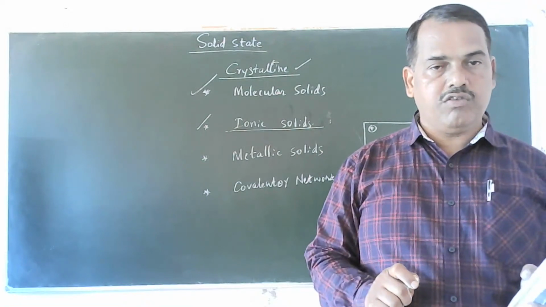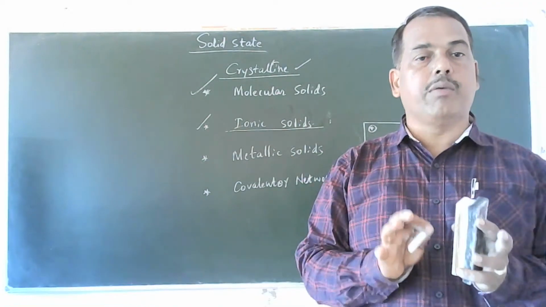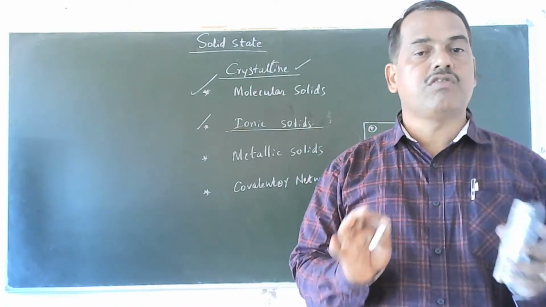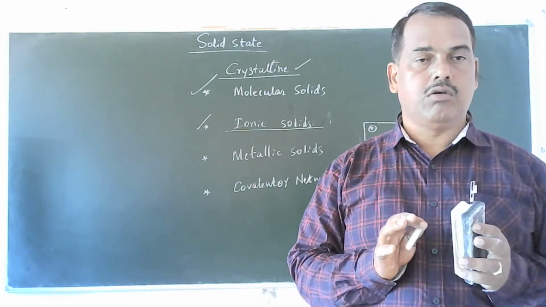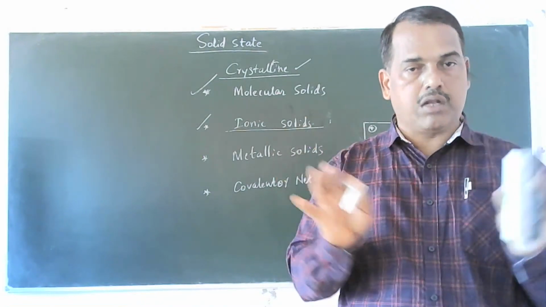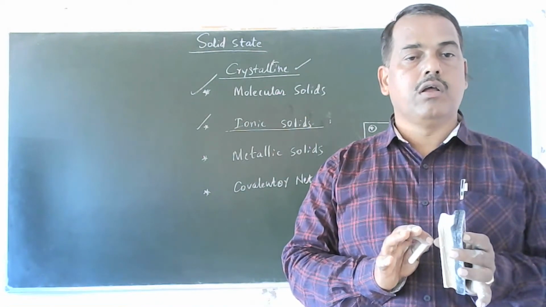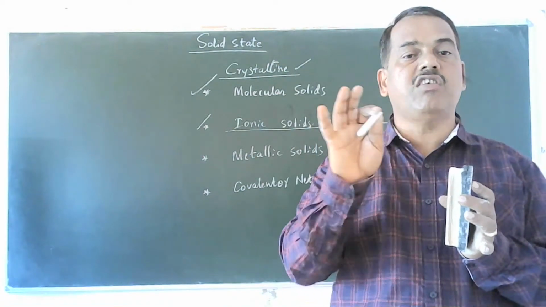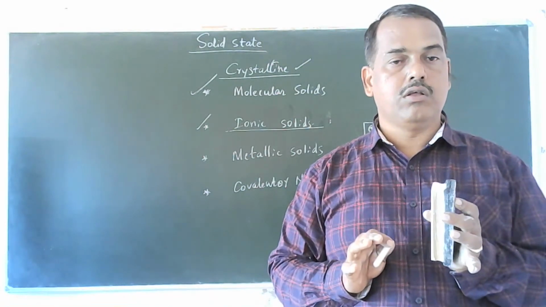The positive ions are delocalized by a sea of electrons. How to understand a metallic solid? What is the existence of a metal? In any metal lattice, the positive part is surrounded by a sea of electrons.